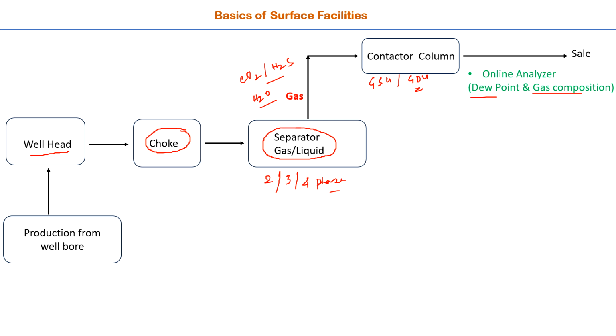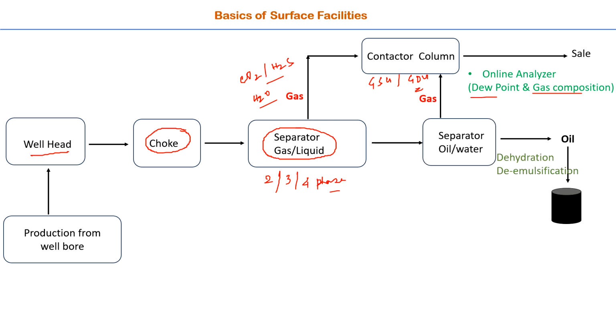Now once the gas is separated, we have the liquid portion. In the next phase of the separator, the liquid will be separated. In the liquid there are oil and water. So first the oil comes out from the separator.